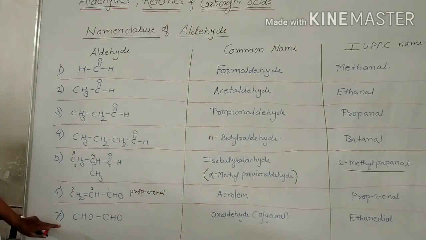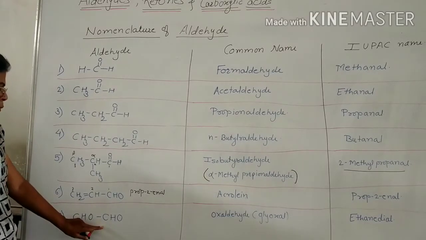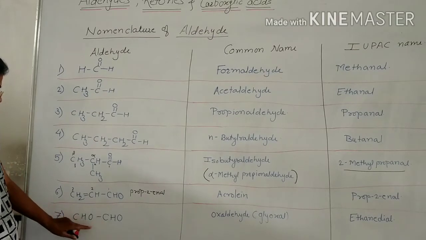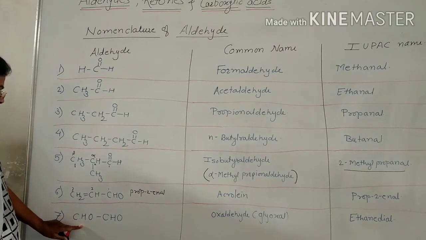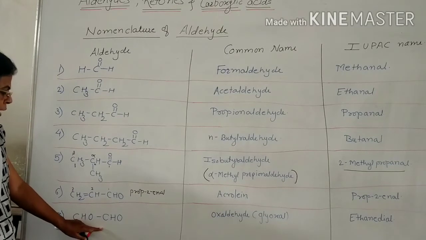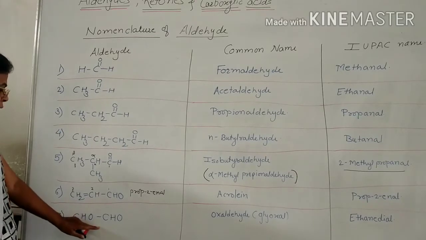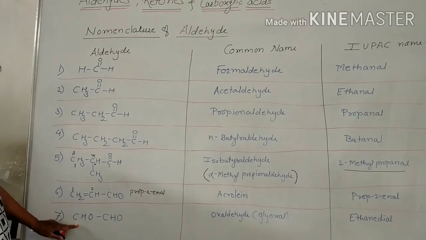Then the next example, CHO-CHO, that is, two aldehyde groups are attached to each other. There are two carbon atoms. The common name of this compound is oxaldehyde, or it is also named glyoxal. In the case of the IUPAC nomenclature system, there are two carbon atoms, therefore the parent alkane is ethane.